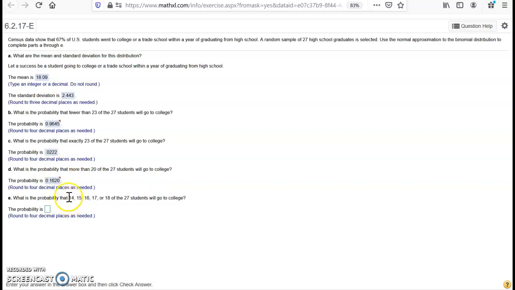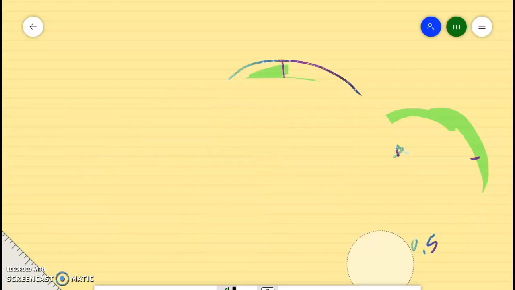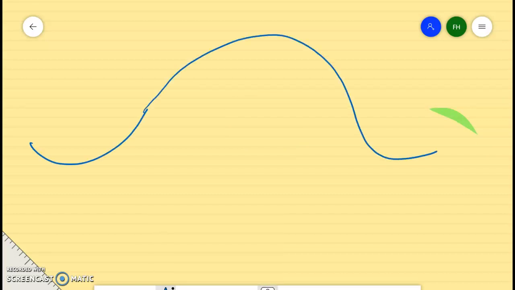Now let's look at the probability that it's 14, 15, 16, 17, or 18. So this time, we want the probability to include 14, 15, 16, 17, and 18.